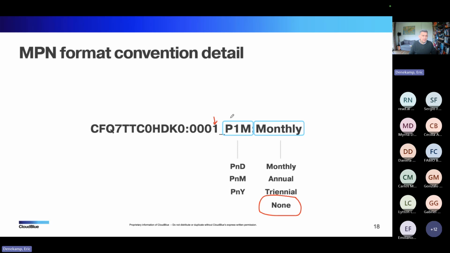So in most cases, it simply will mean that there is a different number here, and then it probably has an underscore P1M colon none. That is what we suggest as a naming convention in Connect.